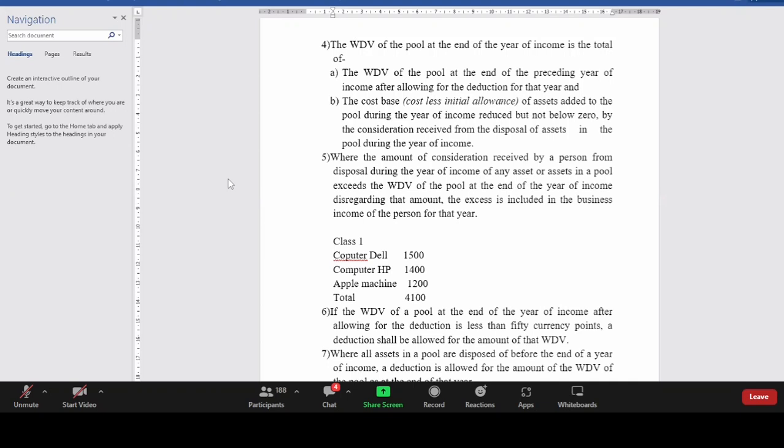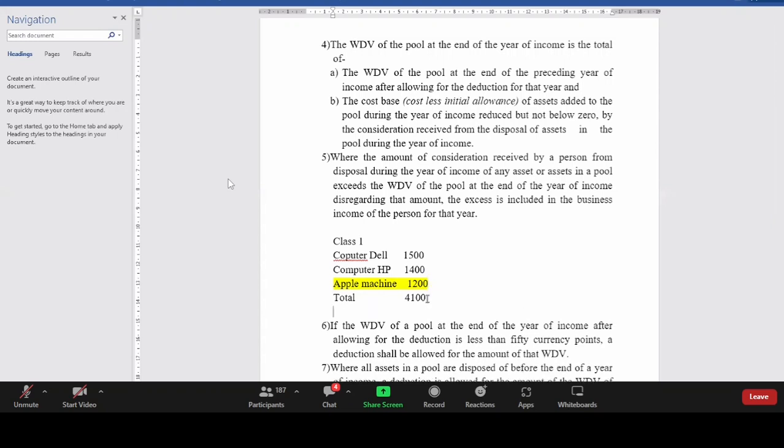Assuming we are going to sell that Apple machine. Now, if we had sold the Apple machine of 1.2, what is our written down value, guys?